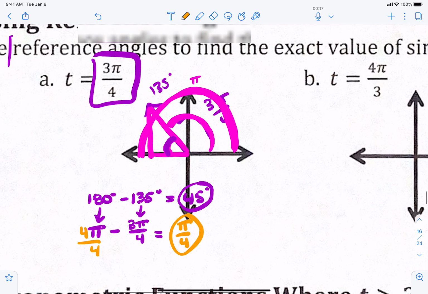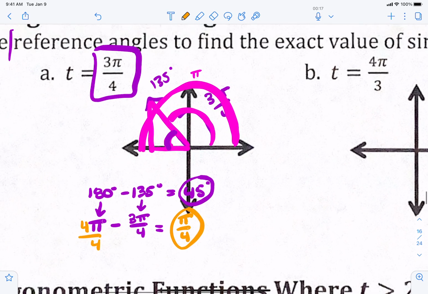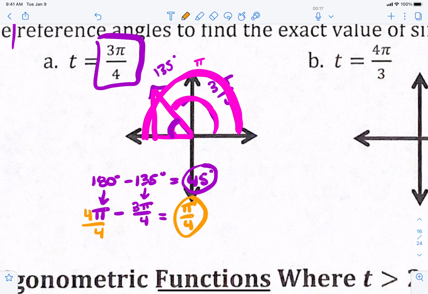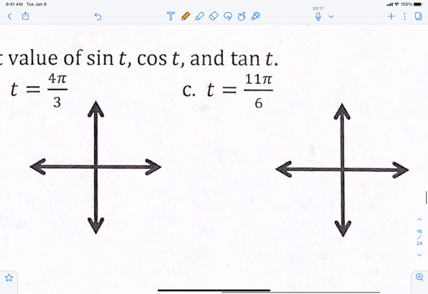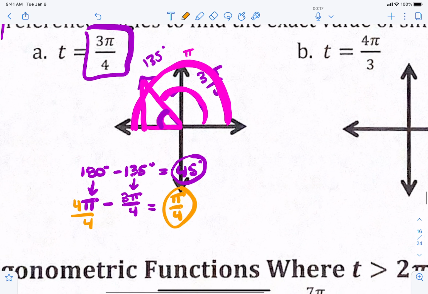So, your reference angle, which one are we going to give as the answer? Hold on. Wait, why did you do all that? Let me try my way, and we'll see if we get 45. Why don't you just look to see what 45 is? You could. But the whole deal is, some of these, like 11 pi over 6, won't appear on your unit circle.